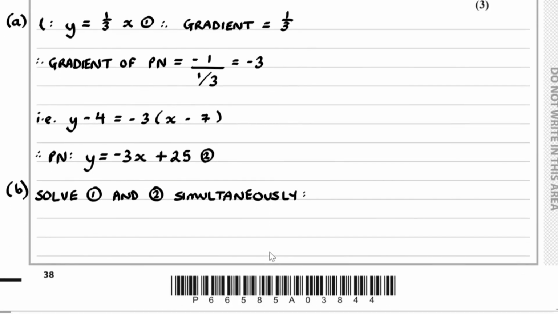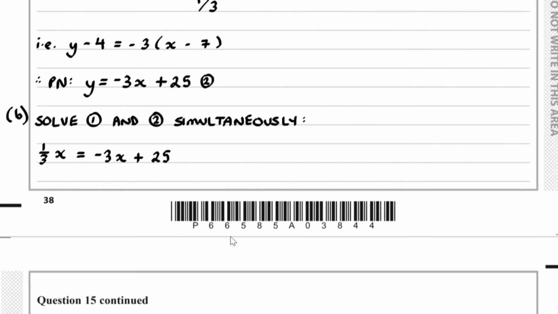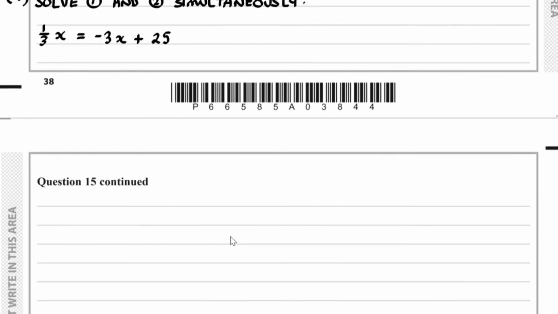And we can do that by setting them equal to each other. So we've got 1/3 x equals minus 3x plus 25. So we've got 10 over 3 x equals 25. So x is equal to 15 over 2.